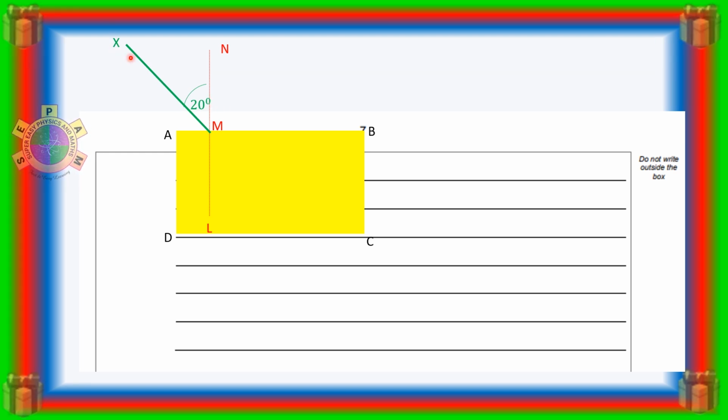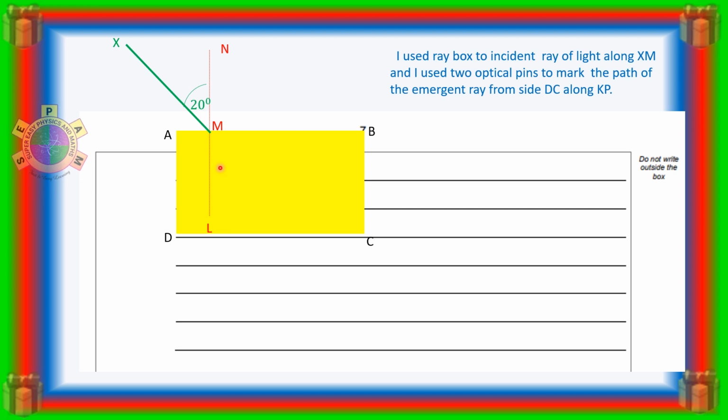So the next thing now, use your ray box to shine the incident ray along the line XM with the angle of incidence of 20 degrees. Then the ray of light passes through the glass block and emerges on the side DC. Then you can use your optical pins to track the direction of the line after emerging from the glass block, and then you label the 2 points.